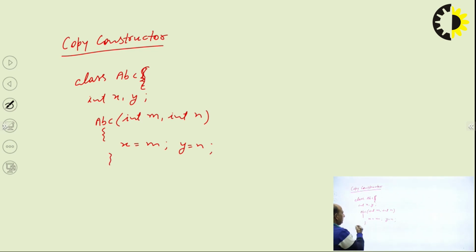There is another constructor I am going to define here. The constructor name is the same as the class name, and here I want to pass an object, so I am telling this constructor that I will pass a class type variable, that is an object. We have to pass an object of this class, because this variable C is of class type, and class type variables are also called objects.